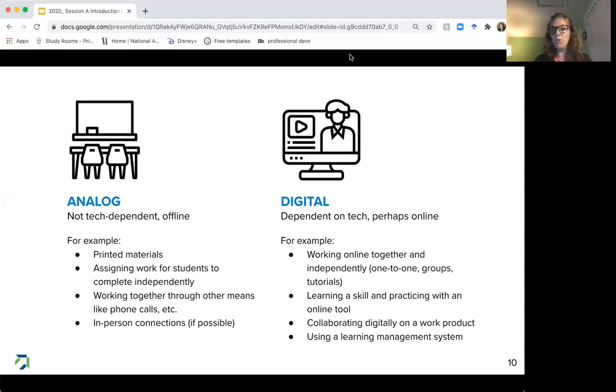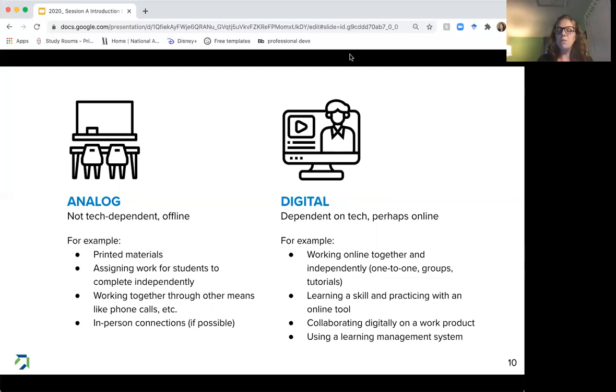One dimension of remote learning is whether or not the learning is happening in analog versus digital formats. Analog formats are not technology dependent. They're offline. They may include printed materials, books, assigning a workbook for students to complete independently, having in-person connections, if possible, within the context of COVID-19.